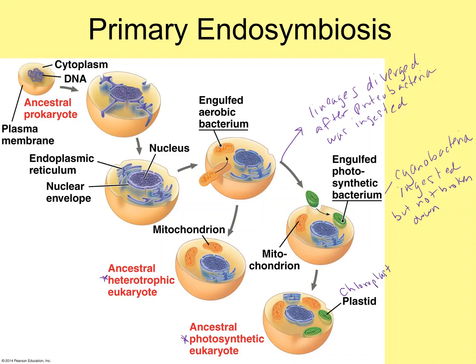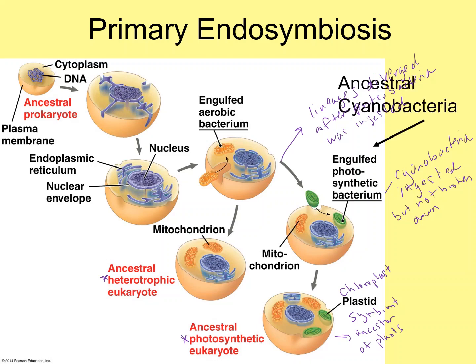So this, of course, is our ancestor of plants. So we have an autotrophic photosynthetic eukaryote. Okay, that summarizes it pretty well.